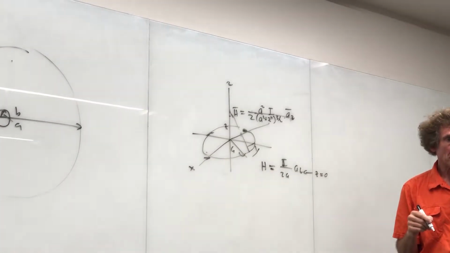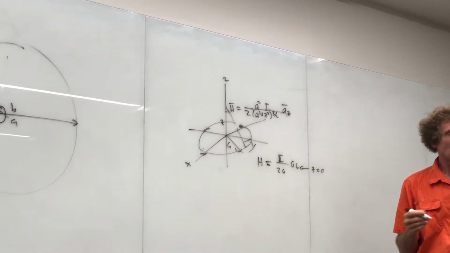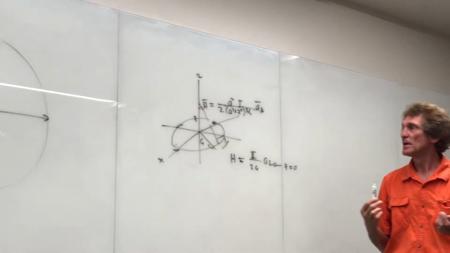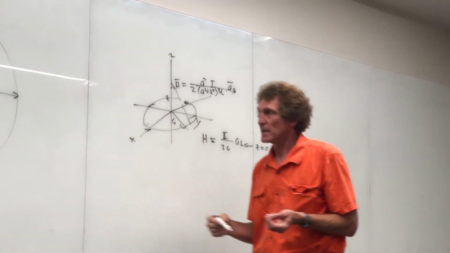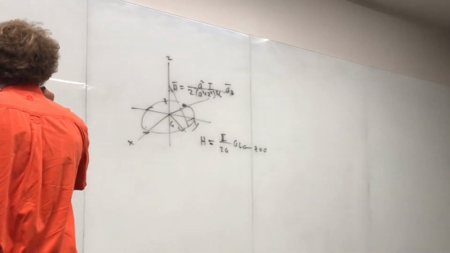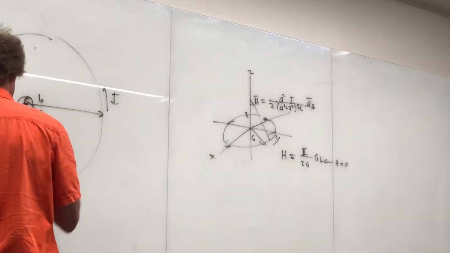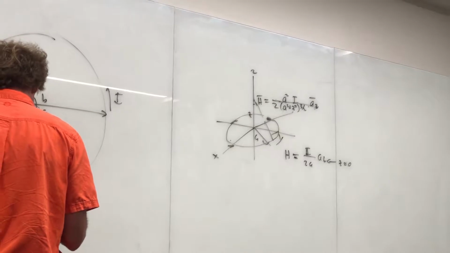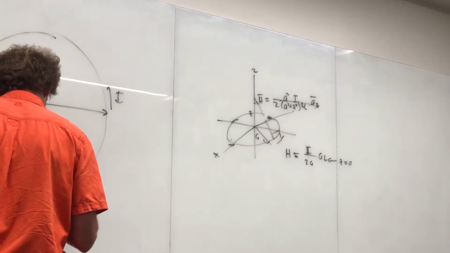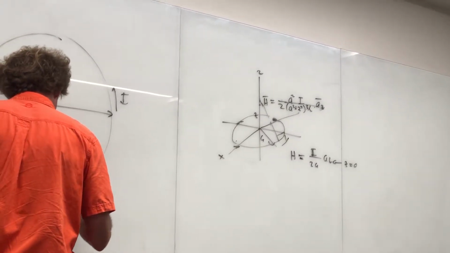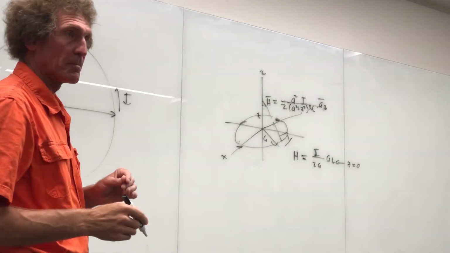Are you with me on that? So you're getting the H field at the origin from a current with radius A. If this has radius A, and we assume a current, then the H field dead center here would be equal to I over 2a in the a_z direction, coming out of the board. Do you all agree with that?